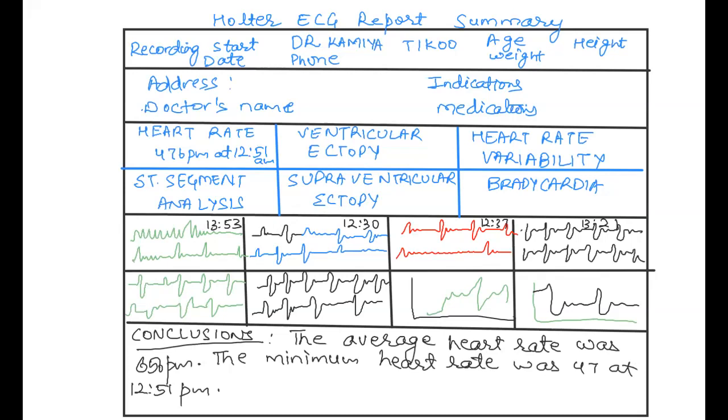Also, we'll inform about the pauses. You know, pause means when the heart stops pumping. It should not be more than 1 or 2 seconds. Okay, so that will also be recorded. Pauses greater than 2.5 seconds were 2.